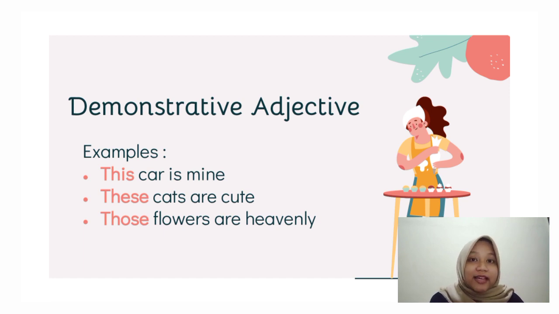The second one is, these cats are cute. The word these refers to a plural noun close to the speaker. And the last one is, those flowers are heavenly. The word those here refers to a plural noun far from the speaker.